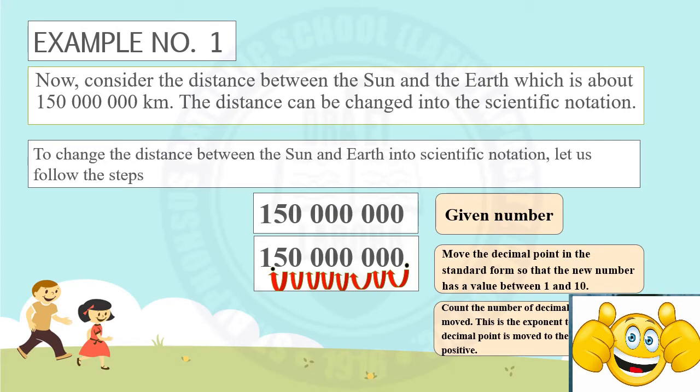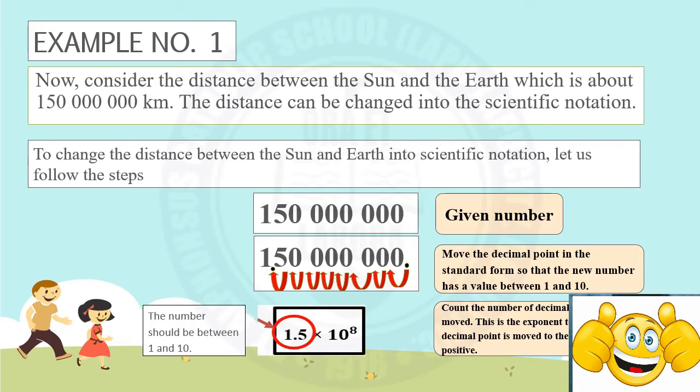This is the exponent. The decimal point is moved to the left, therefore our exponent is positive. So the result is 1.5 times 10 raised to 8. Why is it raised to 8? Because the decimal point moved 8 places. That's why it is raised to 8.